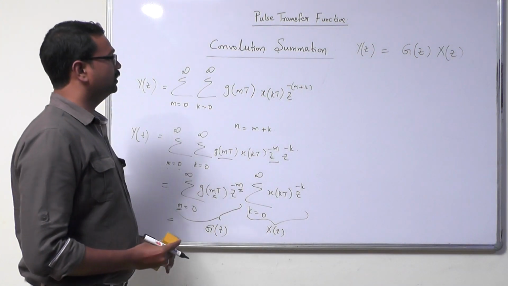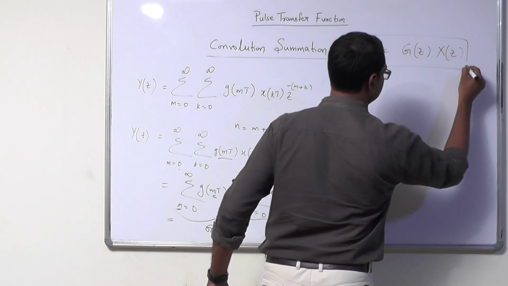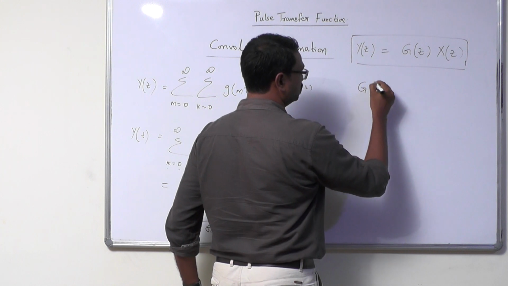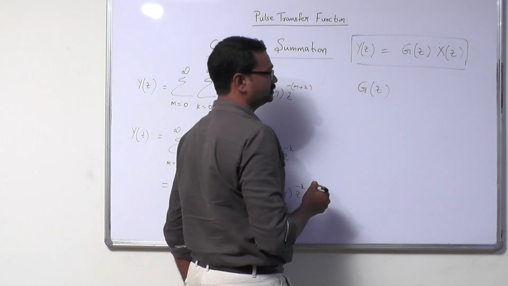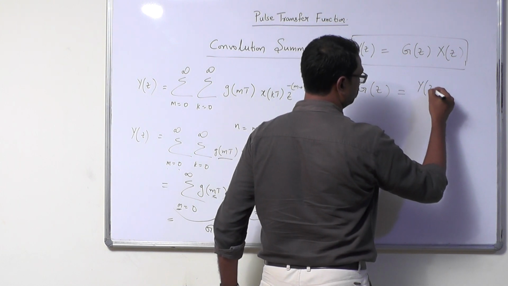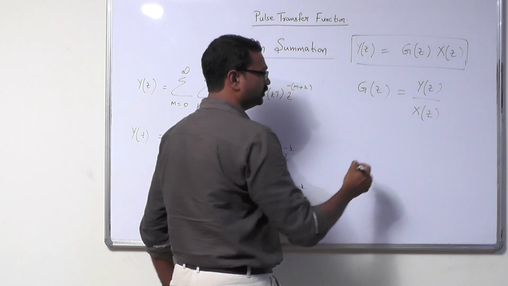Right. So this is what we have proved here in this pulse transfer function, and therefore g of z, when you divide throughout by x of z, you get g of z is equal to y of z by x of z. Now what is y of z for us?